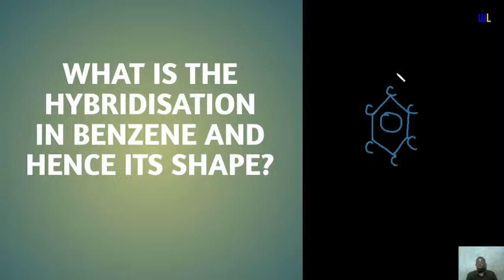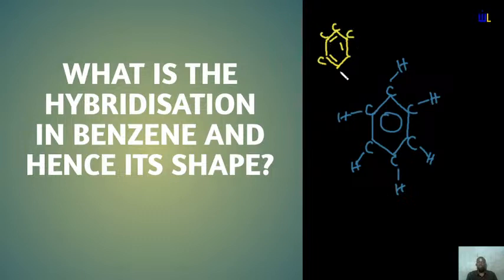Basically, you have hydrogen, hydrogen, hydrogen, hydrogen, hydrogen, hydrogen. The other structure that can represent benzene is this one, where you have something like this, like this, like this. Carbon, carbon, carbon, carbon, carbon, carbon. You have H, H, H, H, H, H.